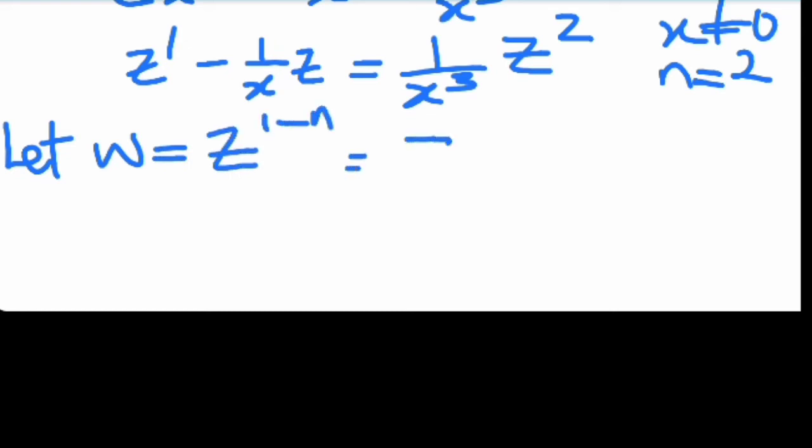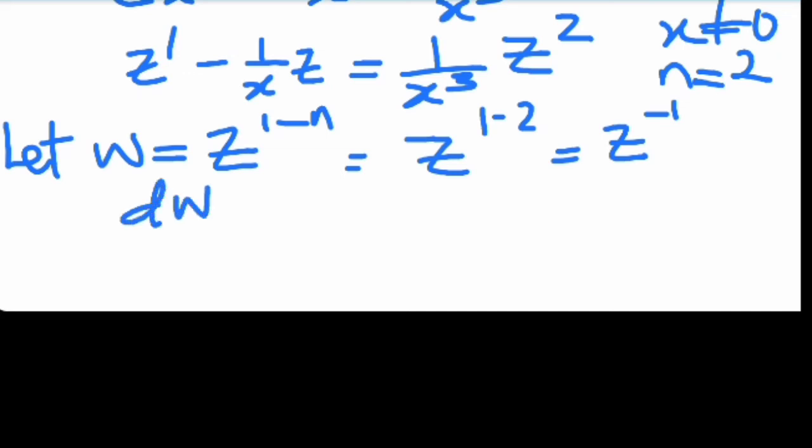This is z raised to power 1 minus 2, and this is z raised to power minus 1. We are supposed to differentiate w with respect to x. So what do we have? dw by dx is equal to, you remember that z is a function of x, right? So you have what?